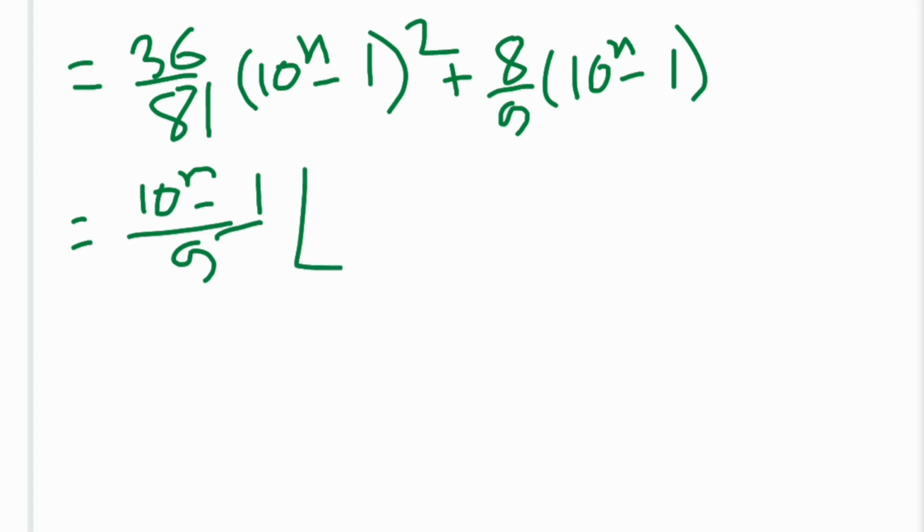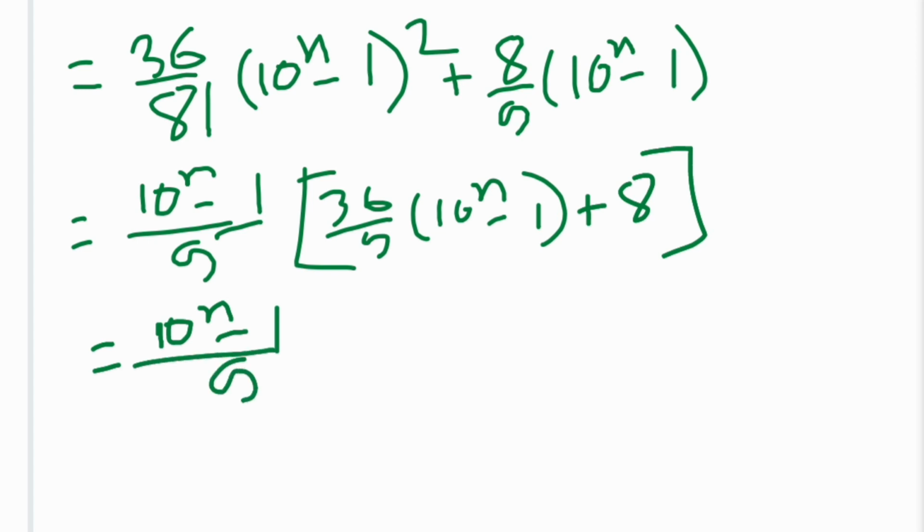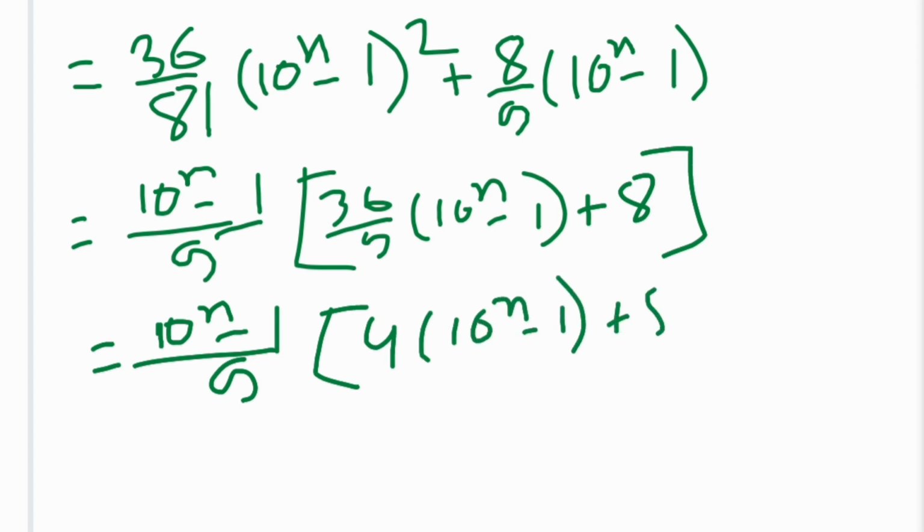The remaining terms are 36 over 9 into 10 raised to the power n minus 1, plus 8 only. This 36 over 9 is simply 4, so 4 into 10 raised to the power n minus 1 plus 8.